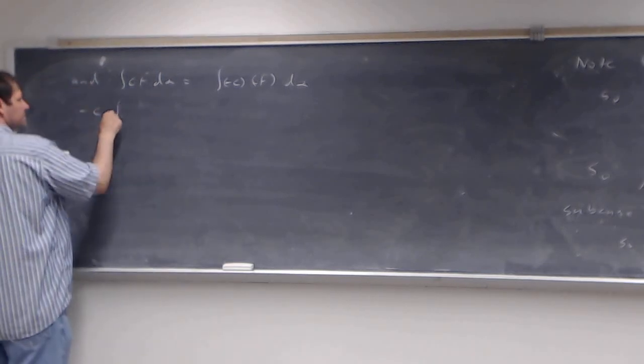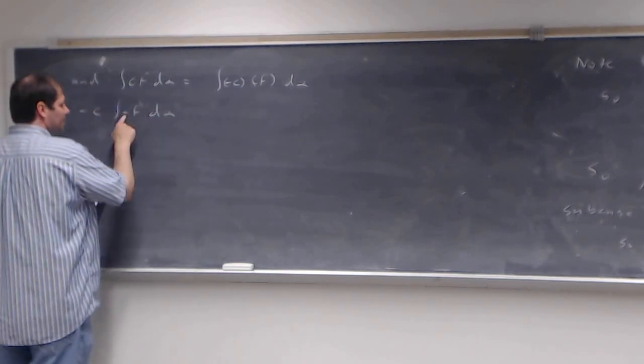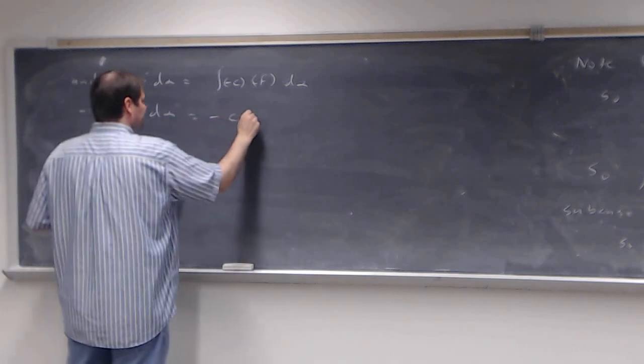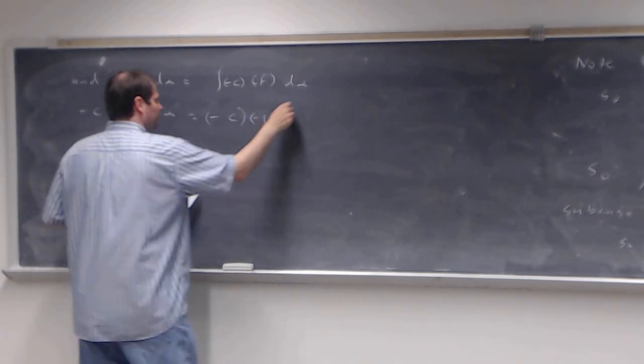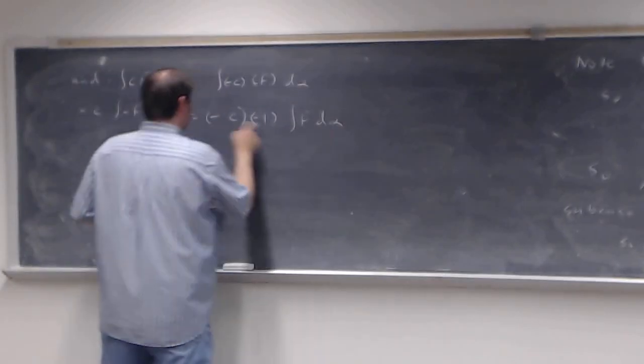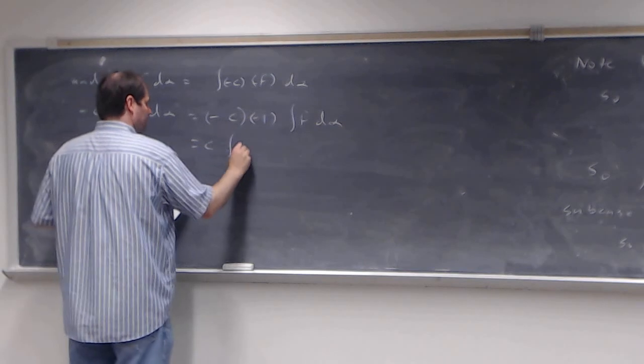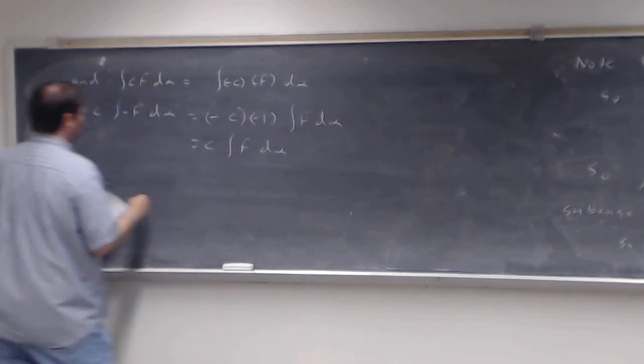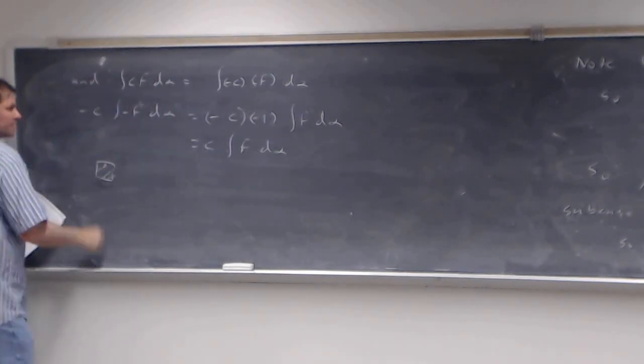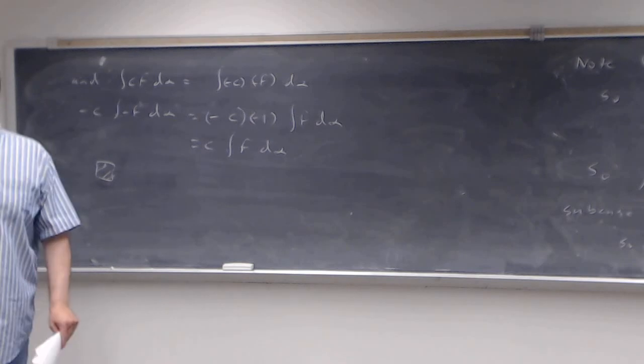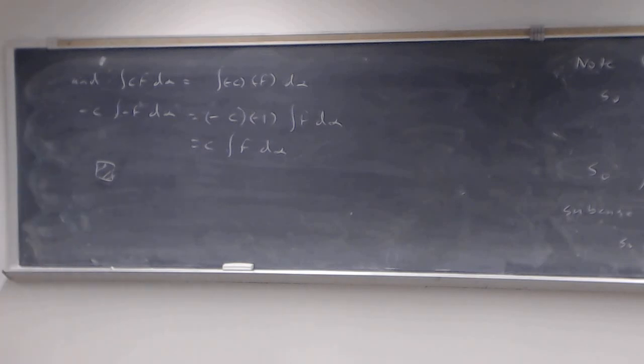So it's minus C times the integral of minus f dα. But that's just minus 1. So it's minus C times minus 1 times the integral of f dα. And then this just makes C times the integral of f dα. So in all cases, we got what we want. That's the proof. That concludes lecture 12. Thank you very much.